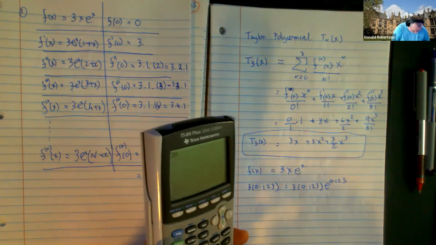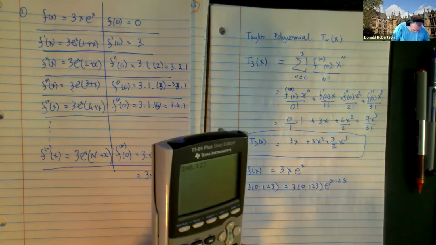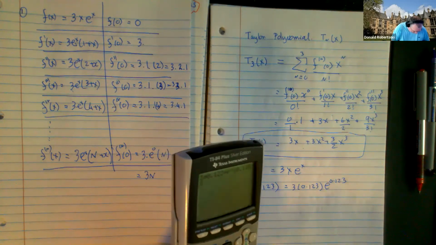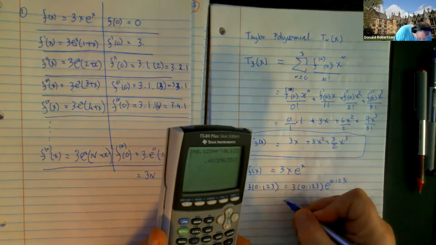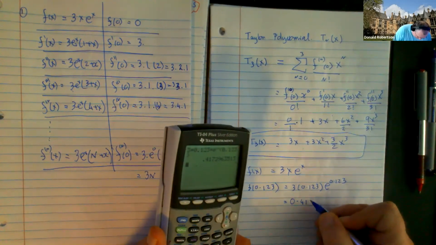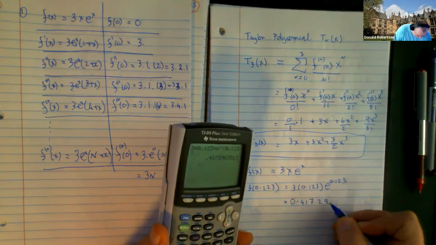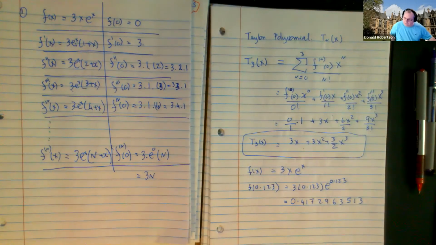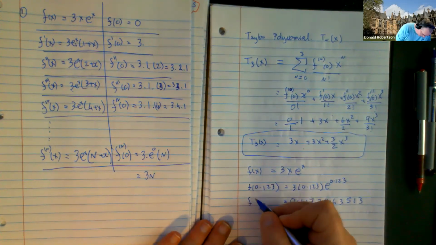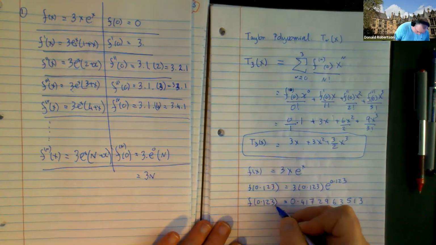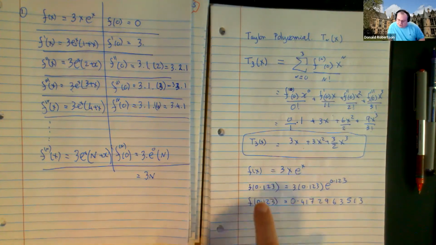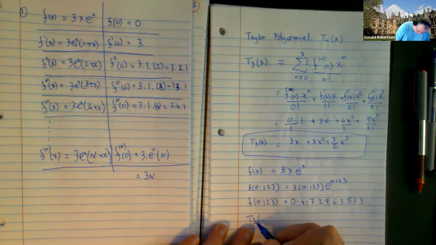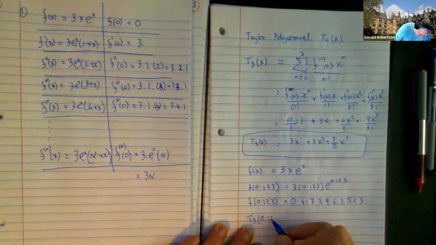It's going to be 3 times 0.123 times e to the power of 0.123. And I'm looking at 0.4172963513, right? And as far as we can tell, to 9 decimal places, that is the answer to this expression at that point. Now I'm going to find the Taylor T3 guy at 0.123.